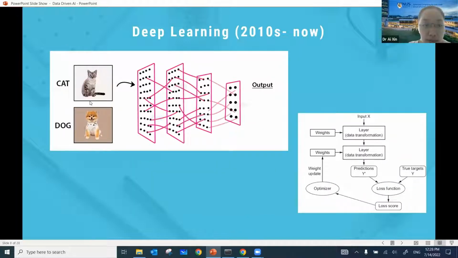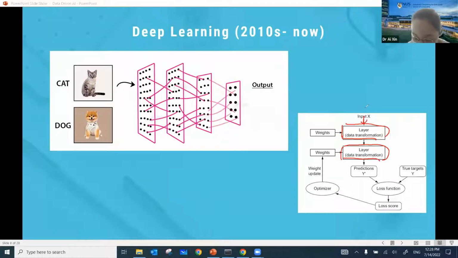So this is the famous cats and dogs problem. You need to train the model using a lot of cat and dog images. And of course, you need to label each image, telling the computer whether this image is a cat or a dog. Think about the neural network as many layers.